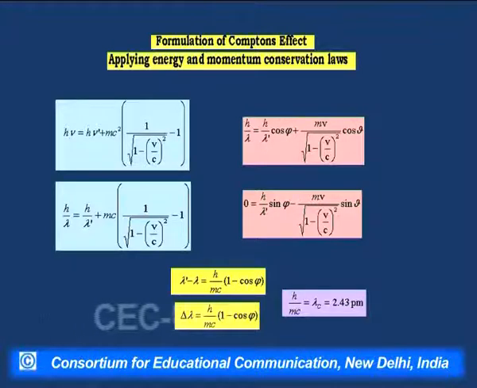So we can say that the Compton shift depends upon the scattering angle and nothing else. This h over mc, since all are constants, is a well-known physical constant called the Compton wavelength, lambda c, and if we put in the values we get 2.43 picometer, which is very, very small.